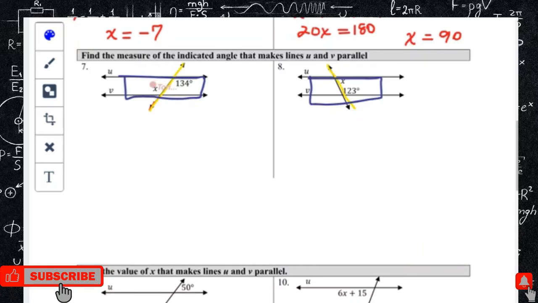So that helps me to name them properly. So X and 134, now I can clearly see our alternate interior angles, and we know that they are congruent. So here's my equation that I don't have to solve. It's already solved. X equals 134 degrees.